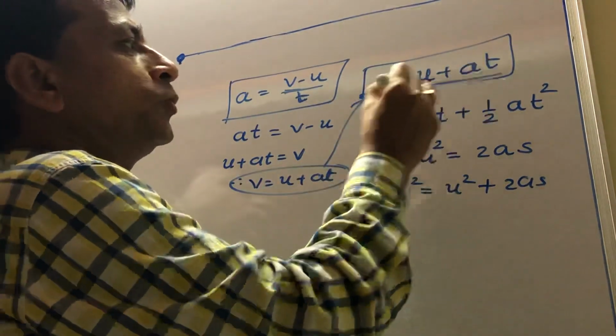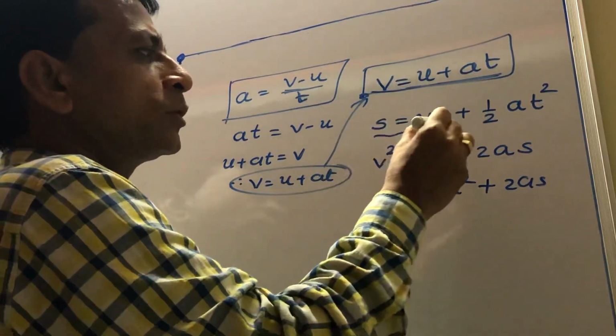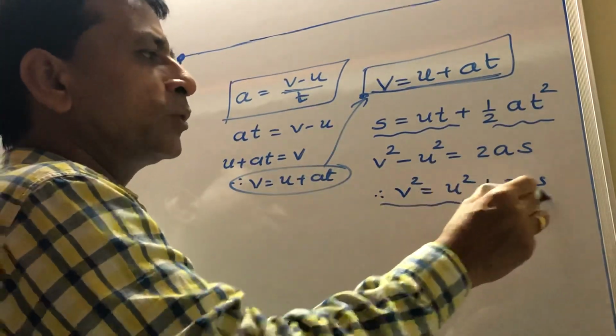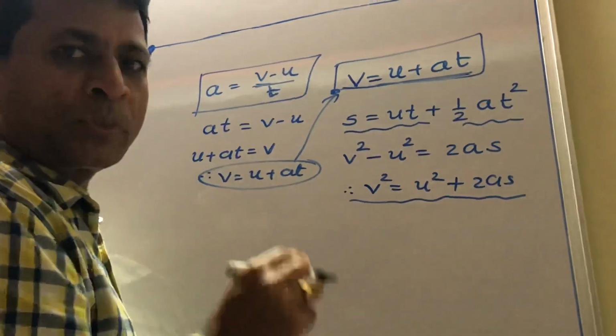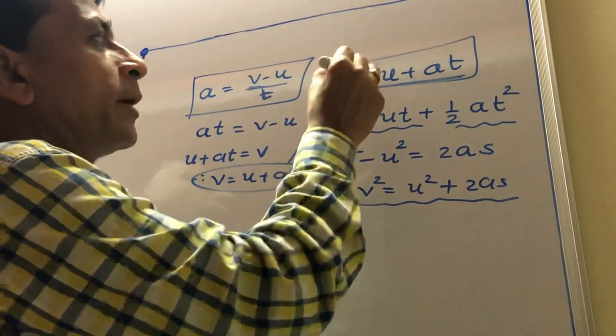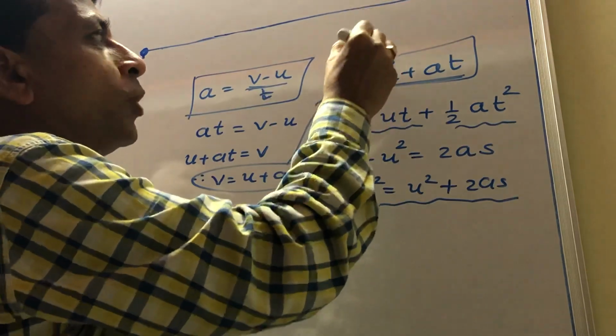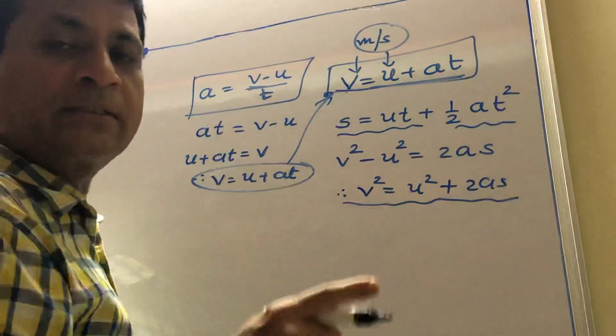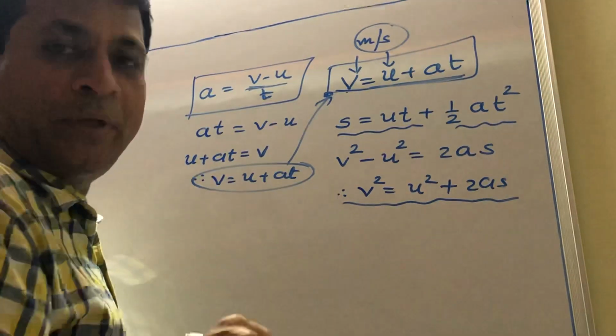v = u + at, s = ut + ½at², and the third one v² = u² + 2as. But please keep in mind, v and u should always be in meters per second. This is the basic condition to solve the numericals.